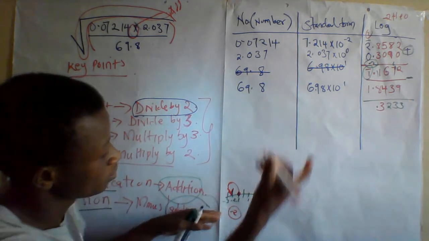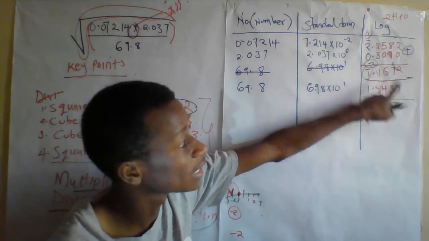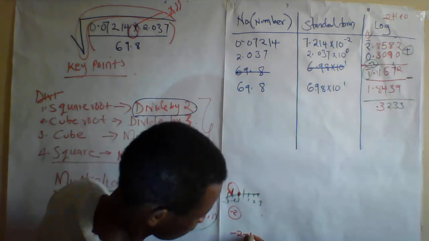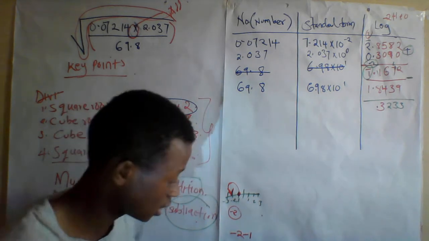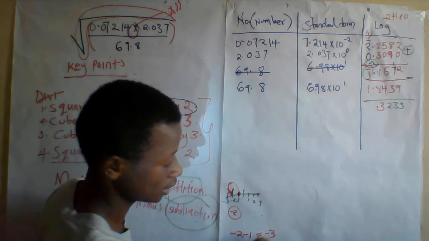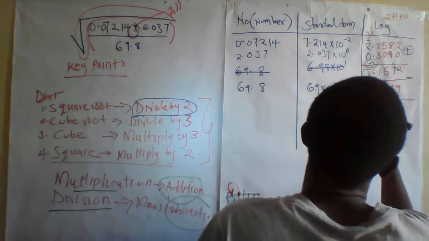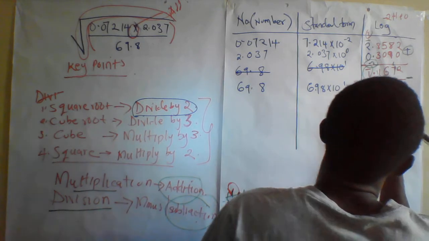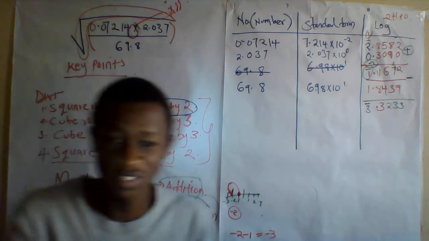Now, this becomes negative 2. This negative 2 minus 1 becomes negative 3. All together, it becomes negative 3. So here, we will have bar 3 point. That is 3, 2, 3, 3. That is all about it.